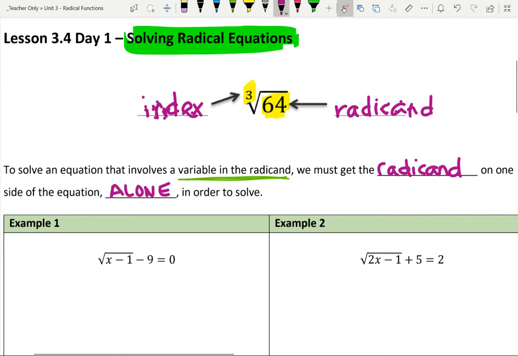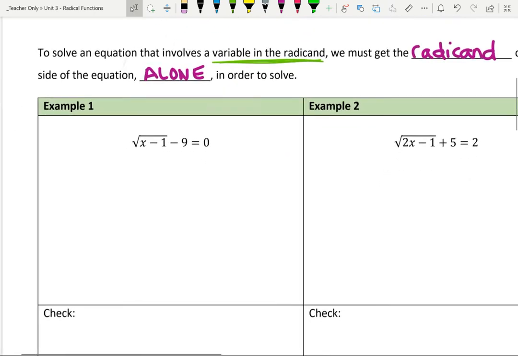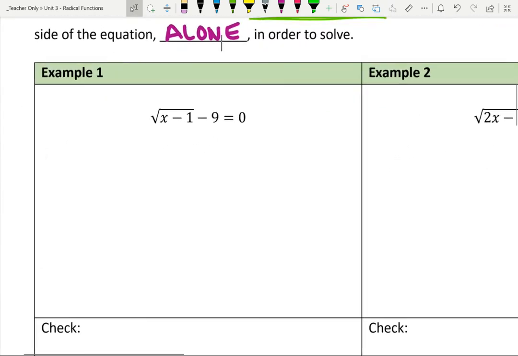It's very similar to our earlier equation solving processes where we want to get the variable by itself. Before we do that, though, when we're involving radicals, we should focus on the radical and the radicand to help us get to where we need to be. So let's look at example 1 together.